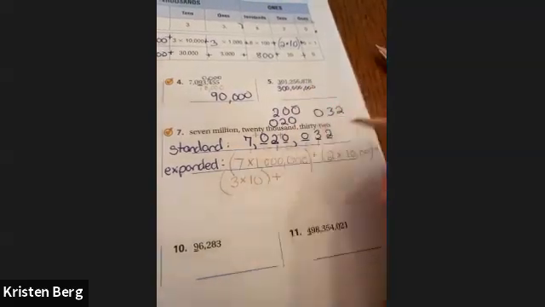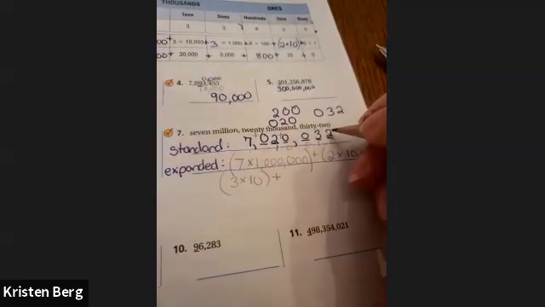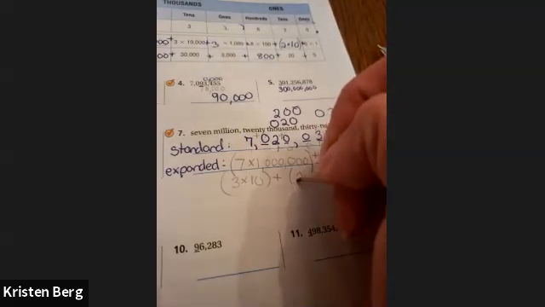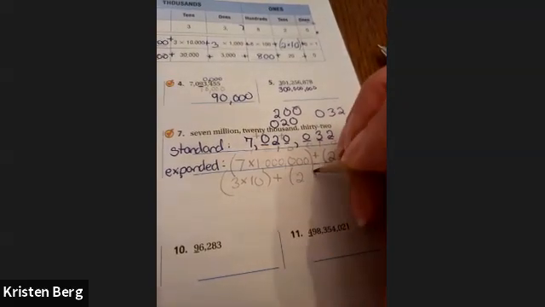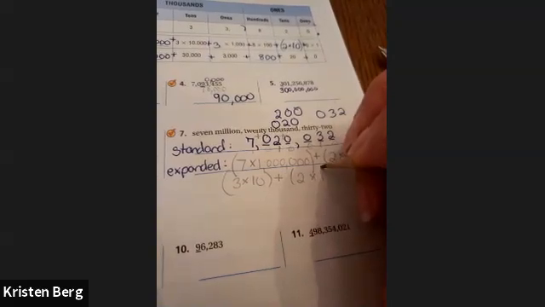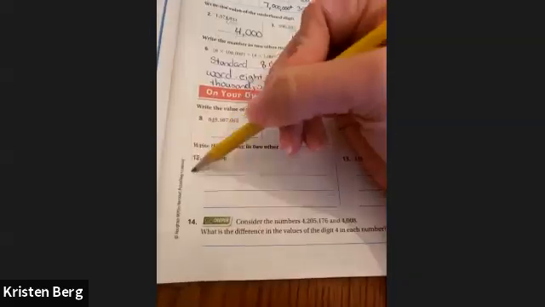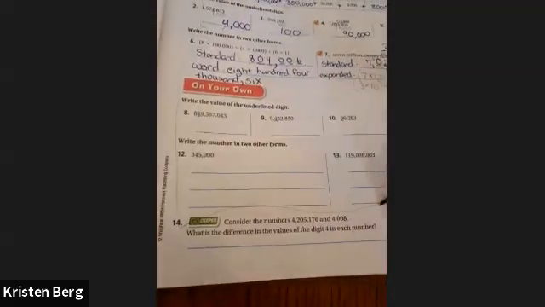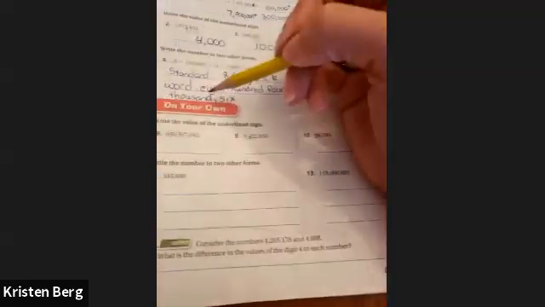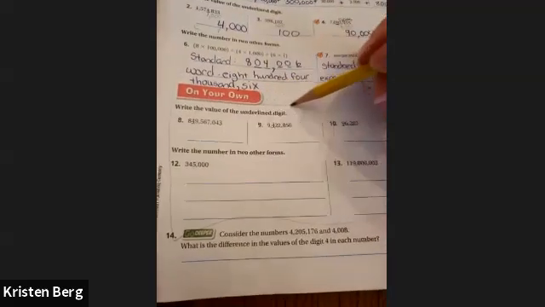And then plus a 2 is in the 1s. So 2 times 1.